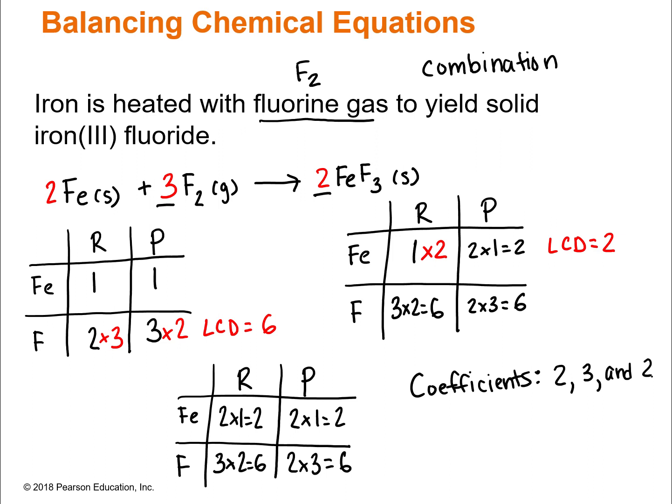So if you balanced it and you ended up with 4, 6, and 4, that would be correct in terms of it being balanced, but that's not the lowest whole number ratio. So you wouldn't get that answer correct. It is technically balanced, as in the same number of atoms on each side, but you can reduce that down.